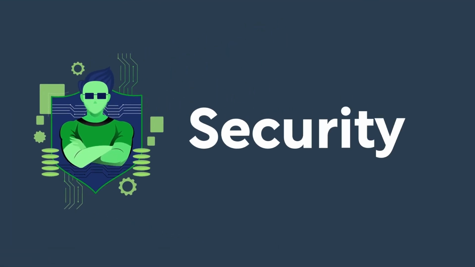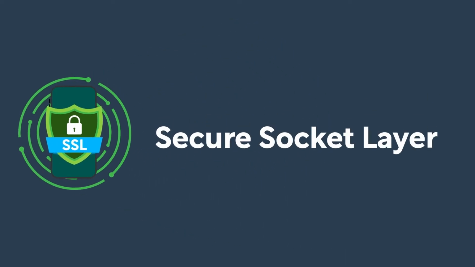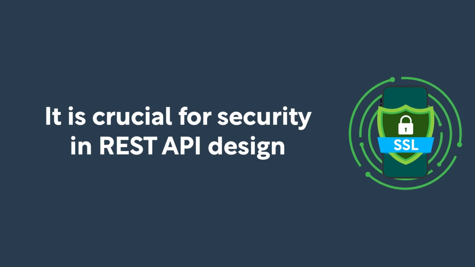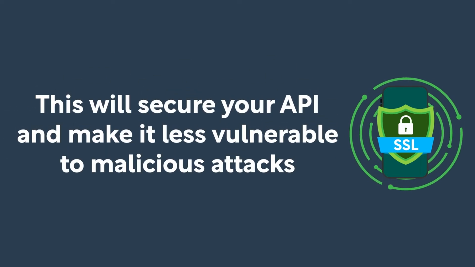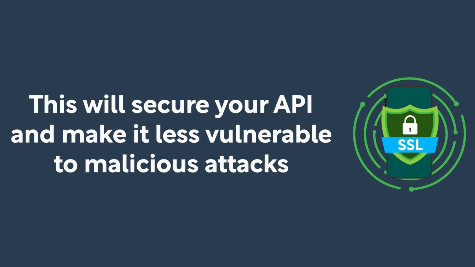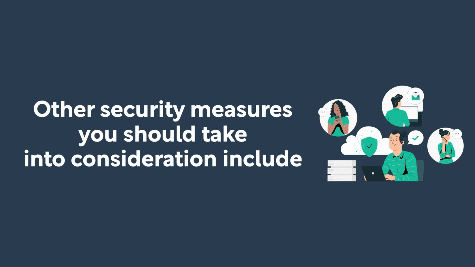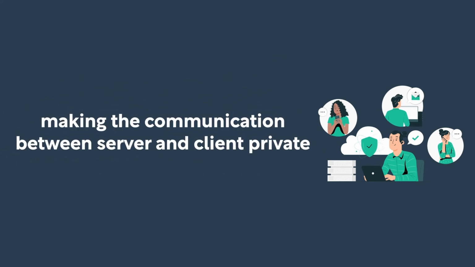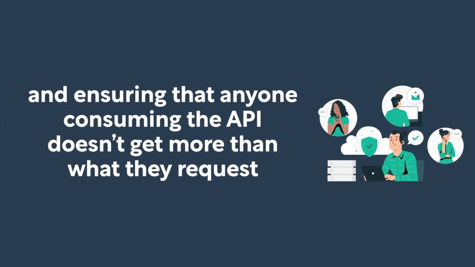7. Security. SSL stands for Secure Socket Layer. It is crucial for security in REST API design. This will secure your API and make it less vulnerable to malicious attacks. Other security measures you should take into consideration include making the communication between server and client private and ensuring that anyone consuming the API doesn't get more than what they request.